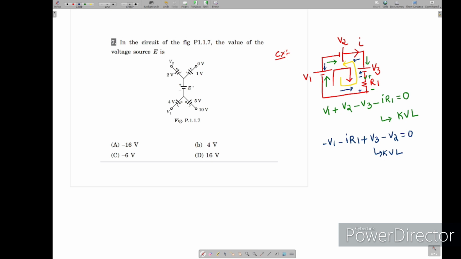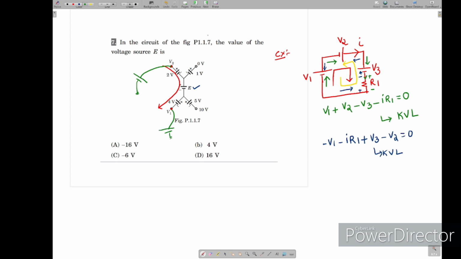This voltage source V we have to find. I will simply apply KVL like this. Now we have V2. Whenever positive V1 is mentioned, you simply connect some voltage like this.